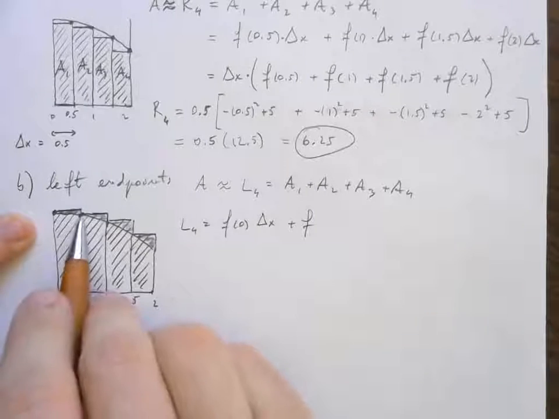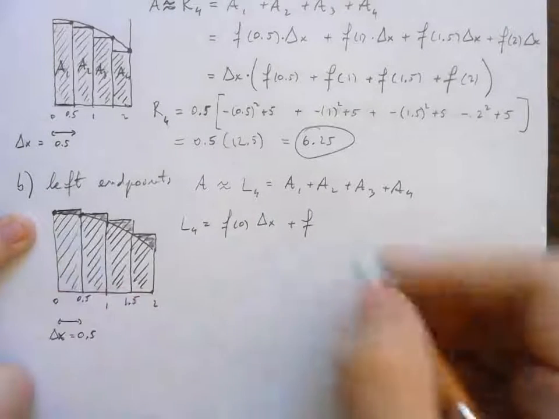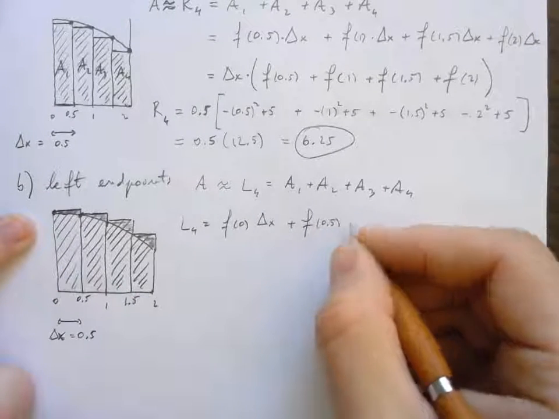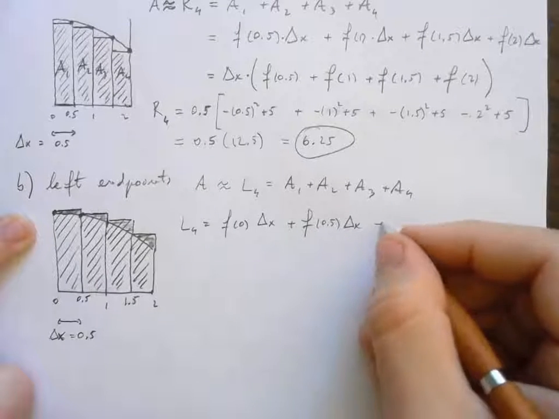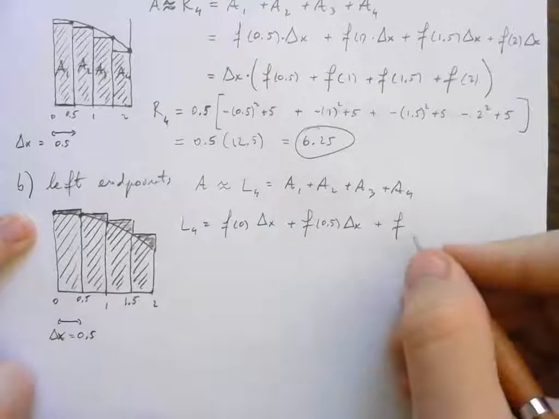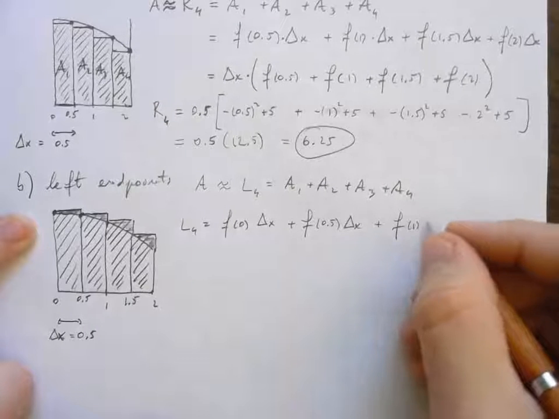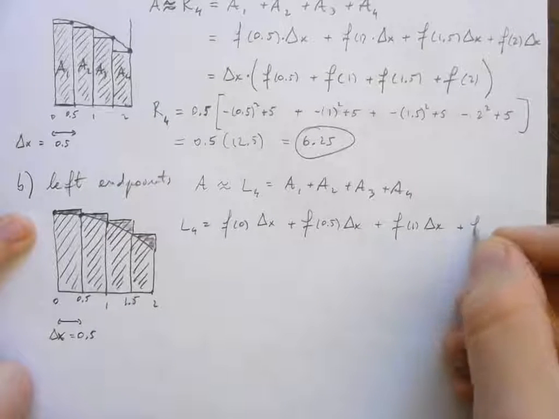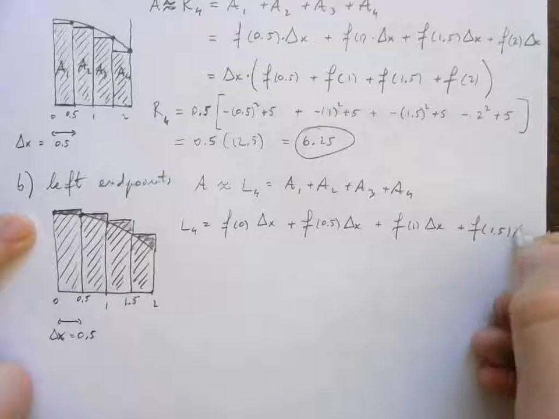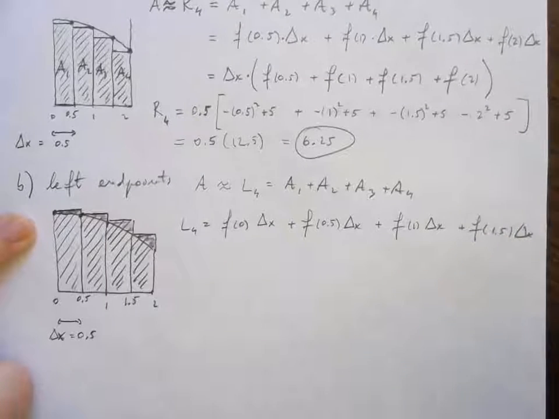The height is f of 0.5 now times delta x plus the third area is f of 1 times delta x plus f of 1.5 times delta x.